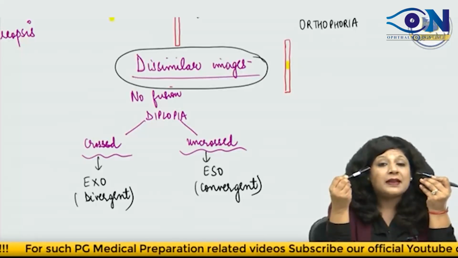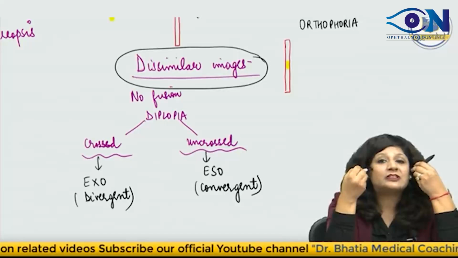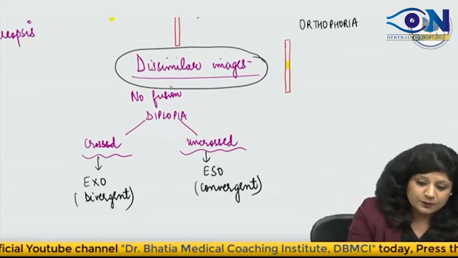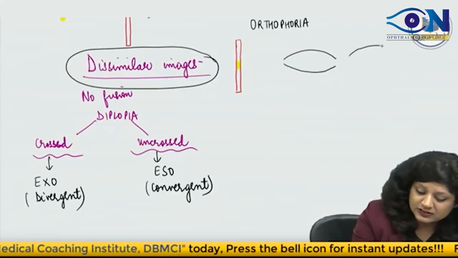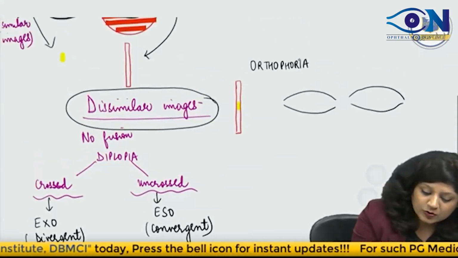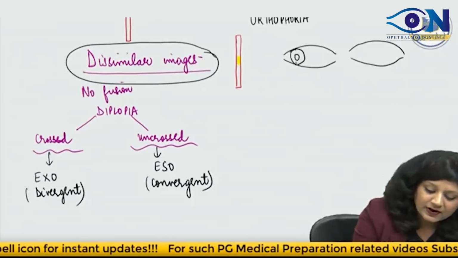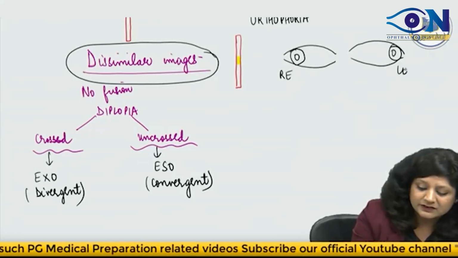So what is happening? They are projecting the rays on the temporal retina. Suppose this is the eye and the patient is having the exo. So this eye has gone outside towards the right side and this eye has also gone outside towards the left side.